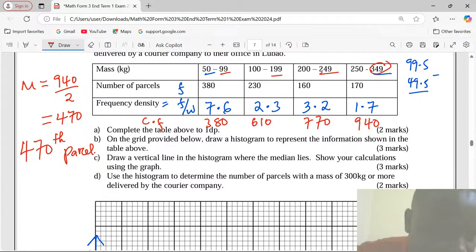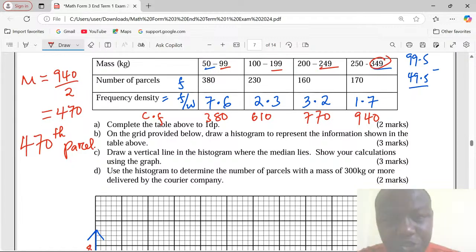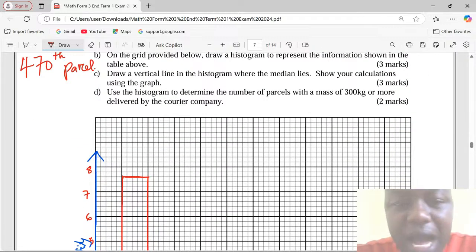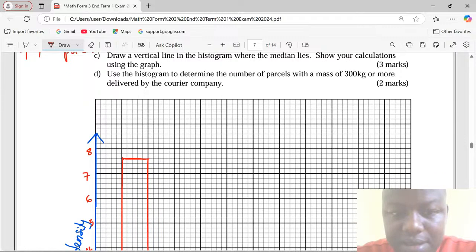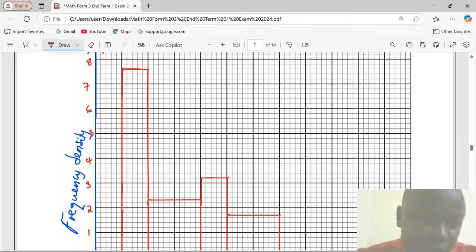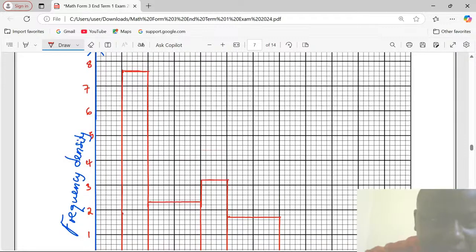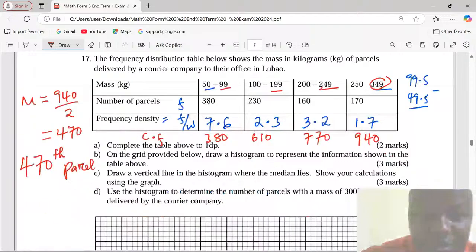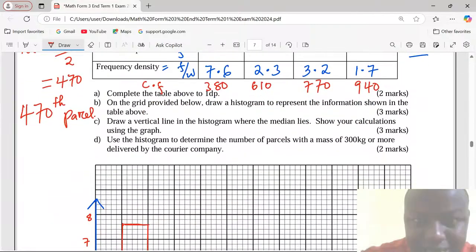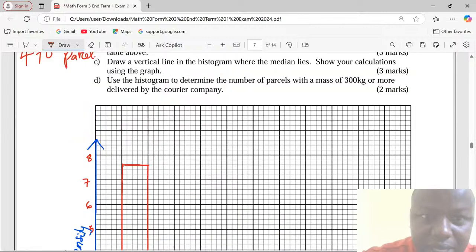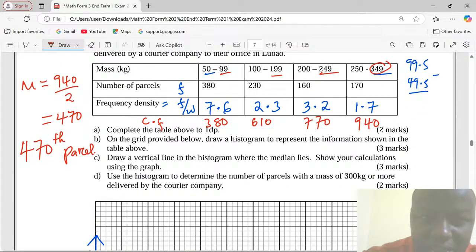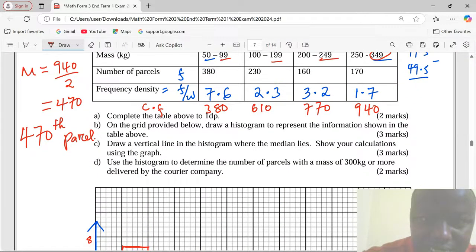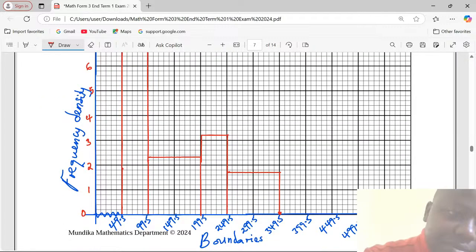Now, something else that you're supposed to know about this histogram is that the area of the bar represents the frequency. For example, the people in the first bar, we take 7.6, which is the height, multiplied by 50 to get the number of people there, which is 380. So in the first class, we have 380.